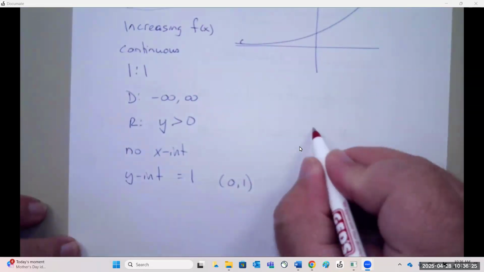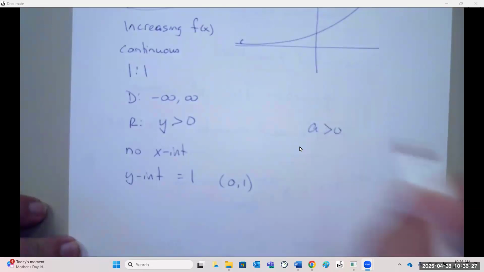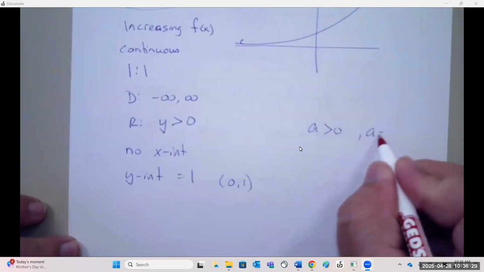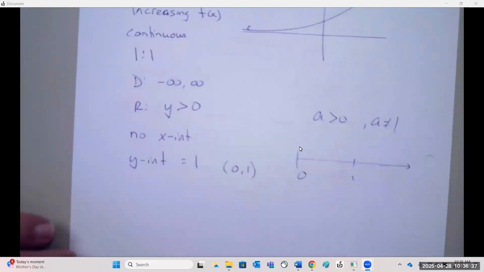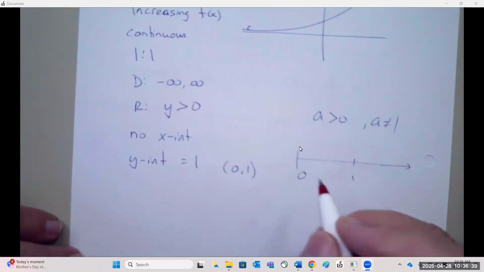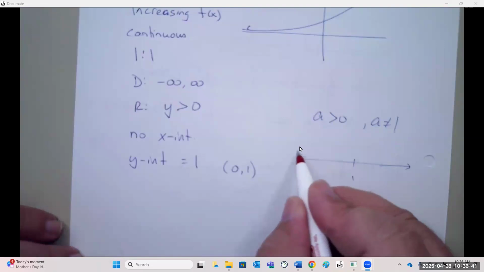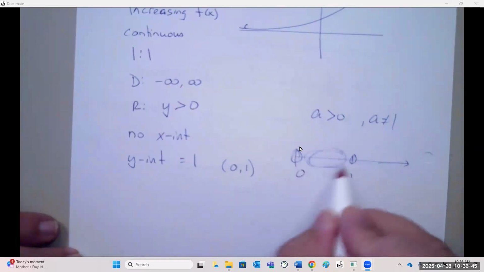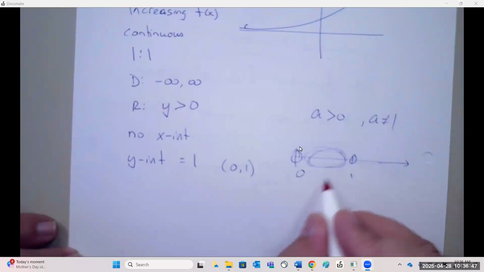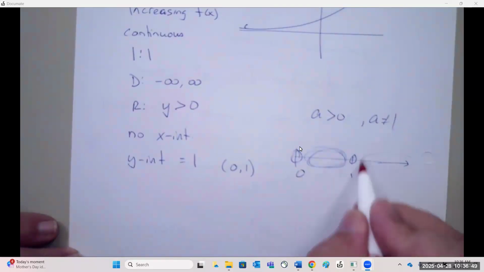Remember, the conditions we had: a had to be positive and it could not equal 1. So we have to look at what happens when a is between 0 and 1 and what happens if it's greater than 1. Well, that's what happens when it's greater than 1.